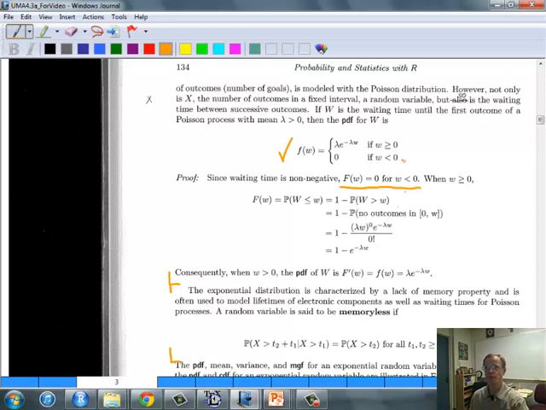So once we start waiting, then the events are going to occur. So the probability that we have less than or equal to W is 1 minus the probability that big W is greater than little w. Okay, so that's straightforward. That's what we mean by CDF.